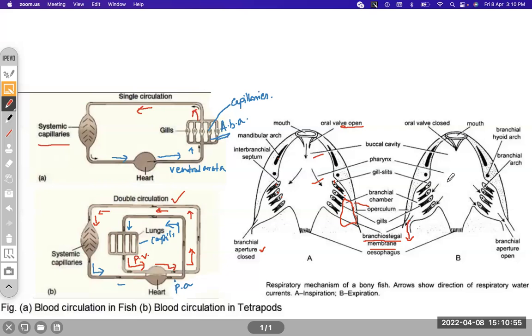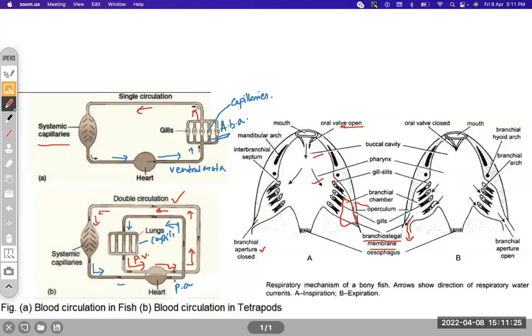तो इसकी वजह से पानी जब फ्लो कर रहा है, that time gaseous exchange will take place because of the capillary network present over the gill plate. There the gaseous exchange will take place and the blood will get oxygenated and water will come out, which is now poor in oxygen and rich in carbon dioxide.